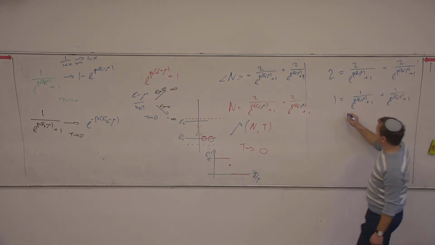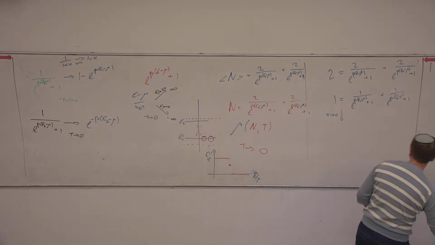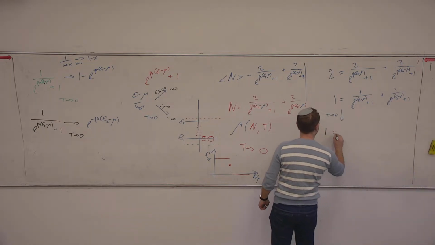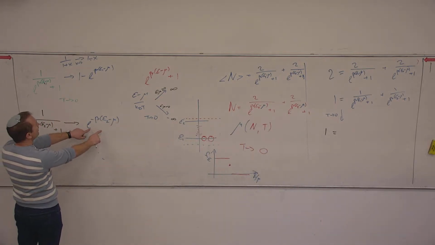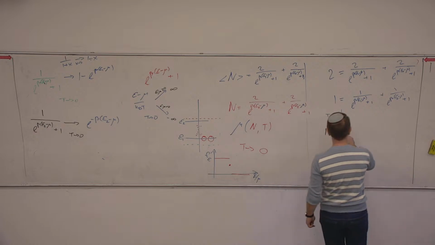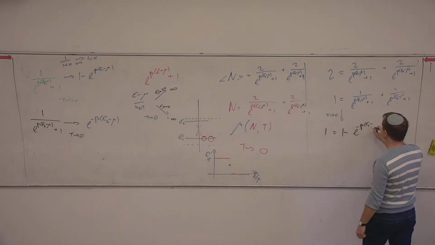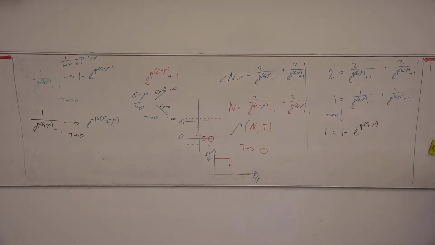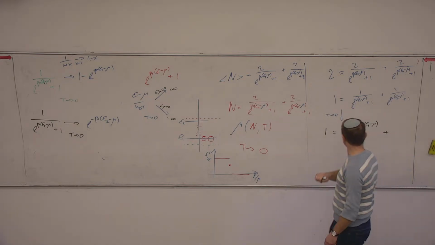And now I'm taking the T to 0 limit. So 1 stays 1. Over here, it is what? So this is the guy. It is 1 minus e to the power minus beta epsilon 1 minus mu. Okay. This part, plus, without the minus, right?